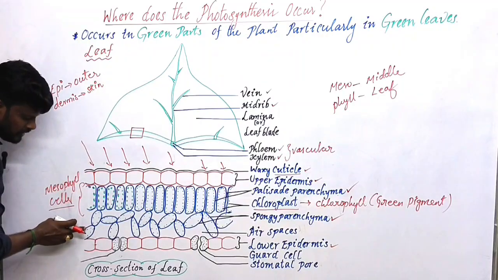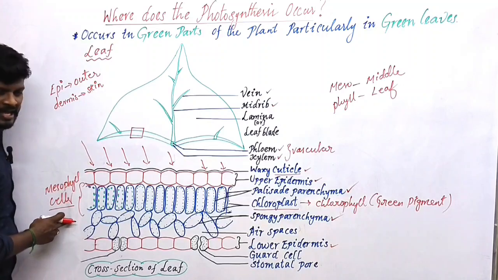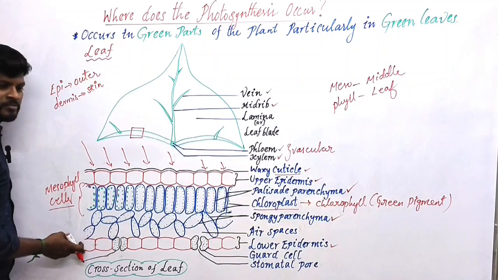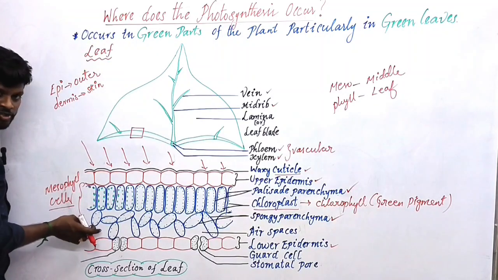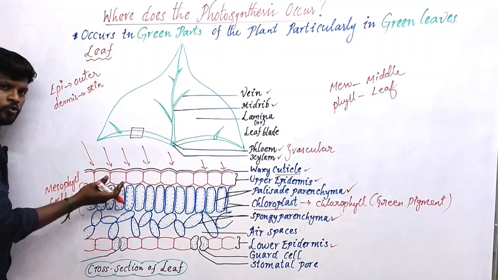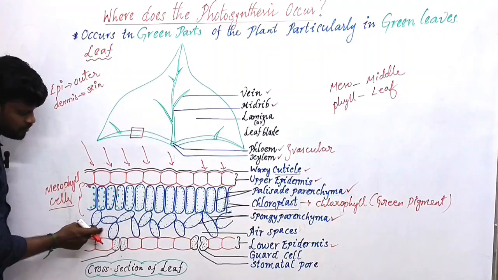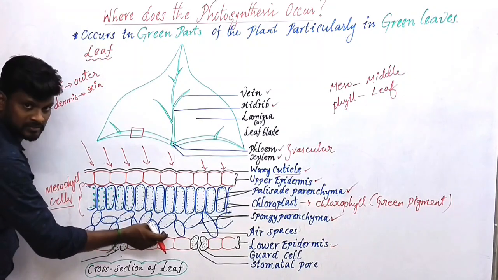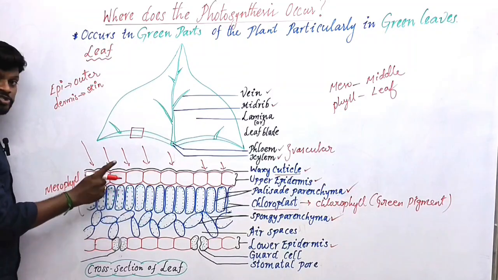When it comes to the other type of mesophyll cell, which is spongy parenchyma, which is present just above the lower epidermis, see, there is a difference in the arrangement. Palisade parenchyma are tightly or closely packed, and they are regularly arranged. But the spongy parenchyma are irregularly packed with a lot of intercellular spaces. So this is another difference.